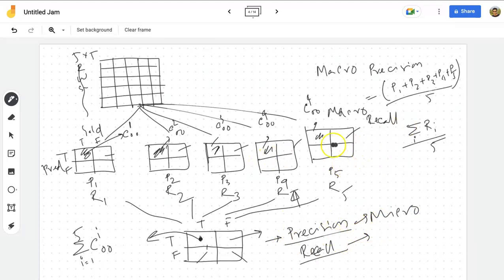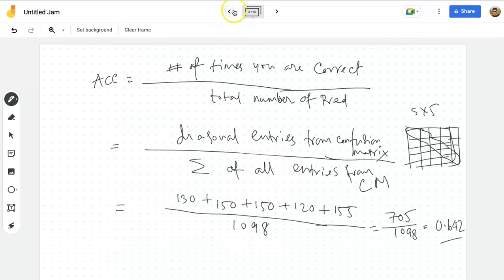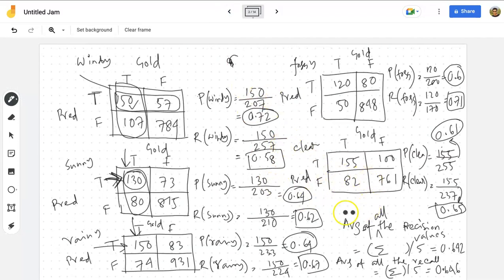From the individual confusion tables, you calculate the final table by summing the individual cells, and from this table you calculate the precision and recall, which are the micro precision and micro recall. If you just do it here, I'm writing it here only. So you already calculated.